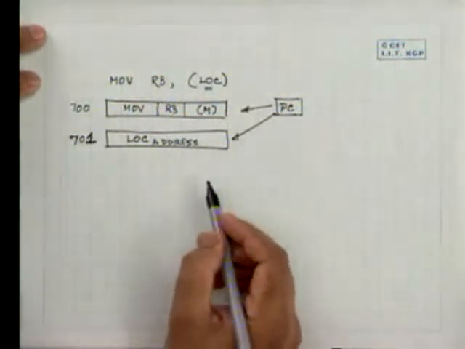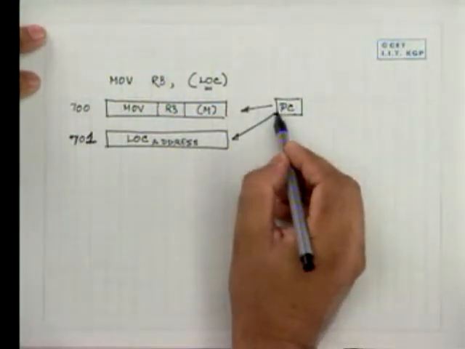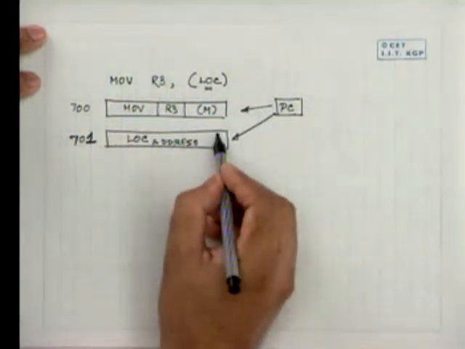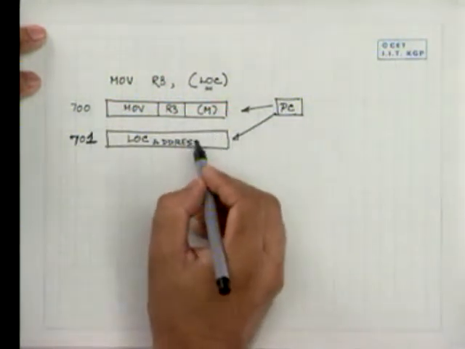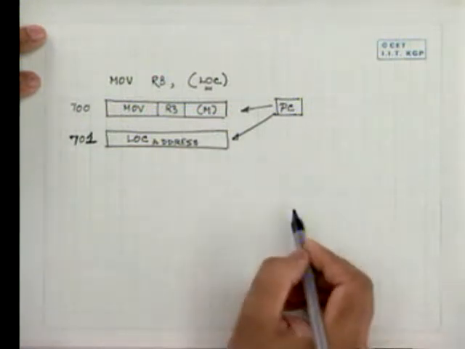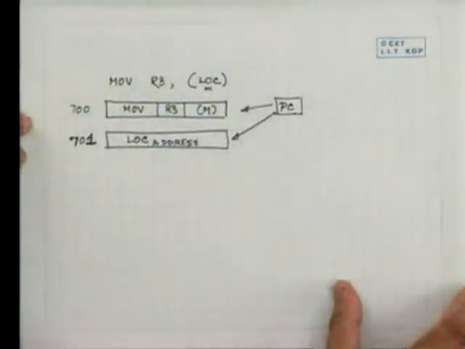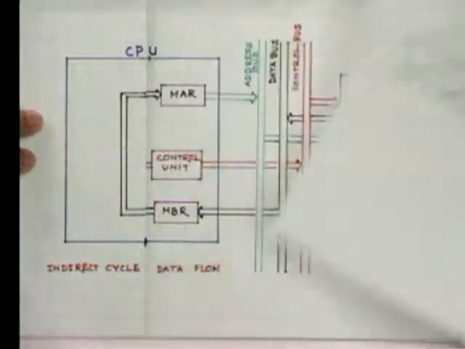Let me repeat: the program counter is pointing to the address of the memory location from where the address of the actual operand has to be fetched.